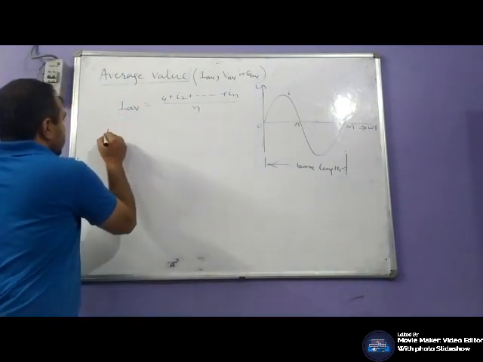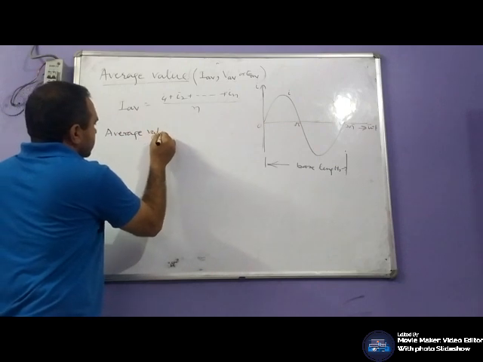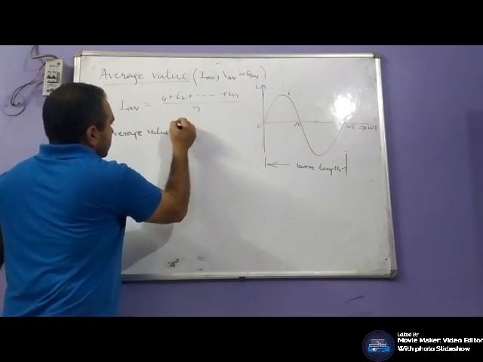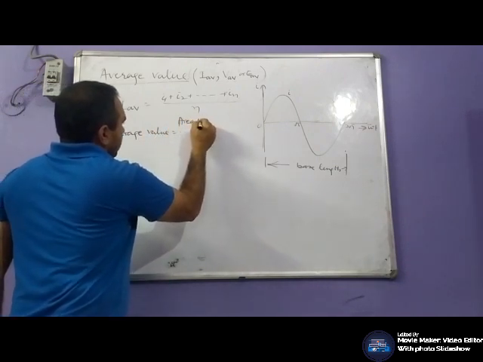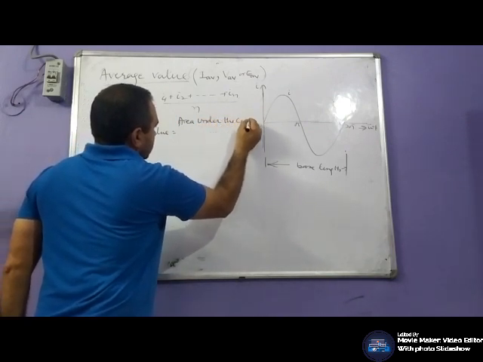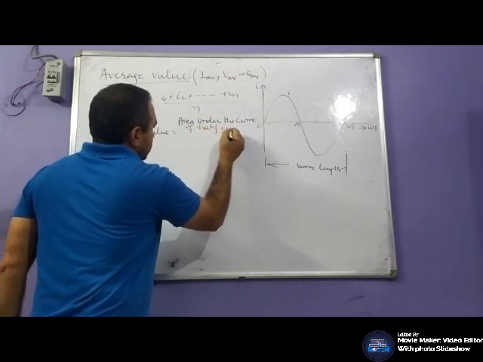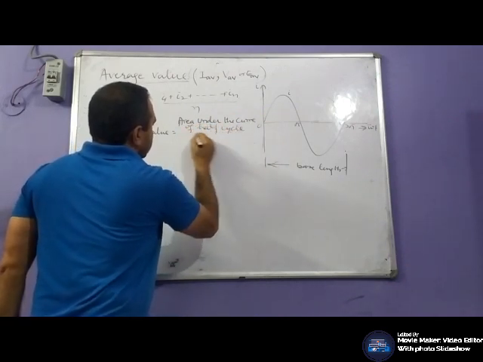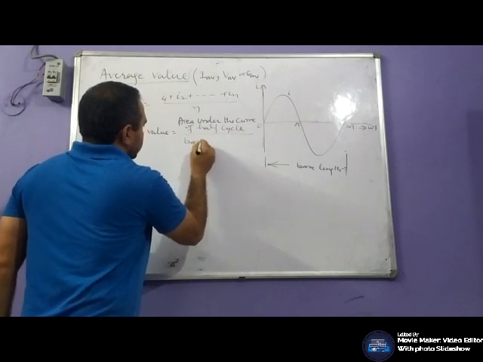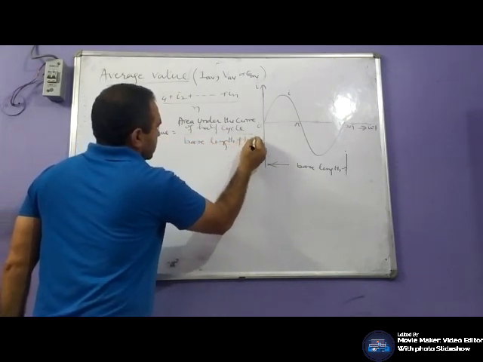So here for sine wave, average value is area under the curve of half cycle divided by base length of half cycle.